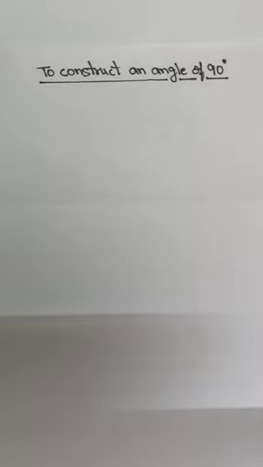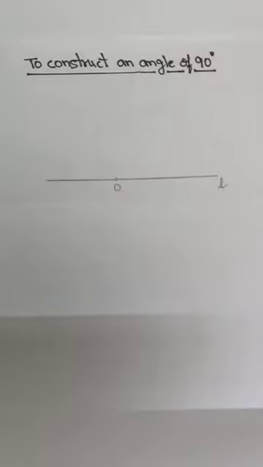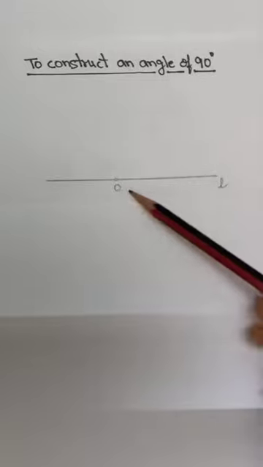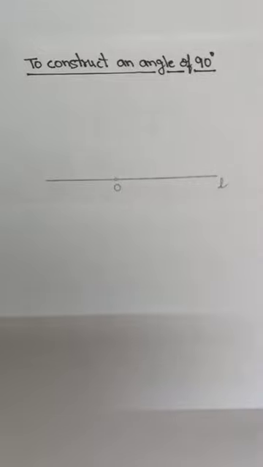Now next is to draw an angle of 90 degree, that is a right angle. For this also, first of all, you have to draw any line L and mark a point O on it. See, this is your line L and we have marked a point O on it.